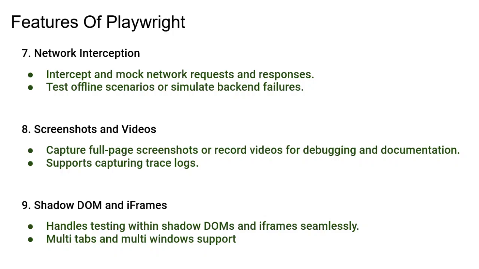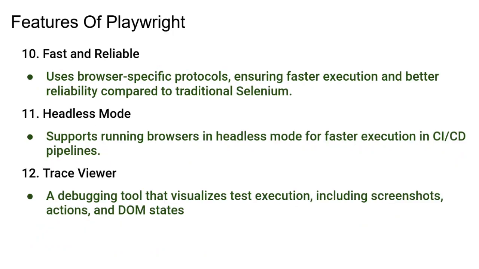In Cypress we know there is difficulty in handling different tabs and different windows, but unlike Cypress, Playwright supports multiple tabs and multiple windows as well. And it is very fast and reliable. It uses browser-specific protocols ensuring faster execution and better reliability compared to traditional Selenium.